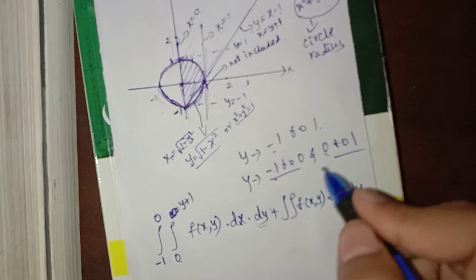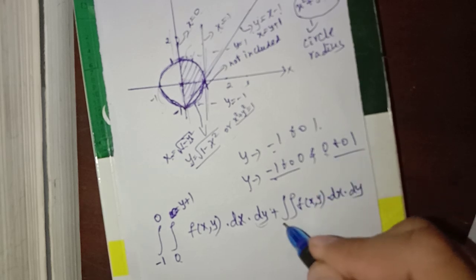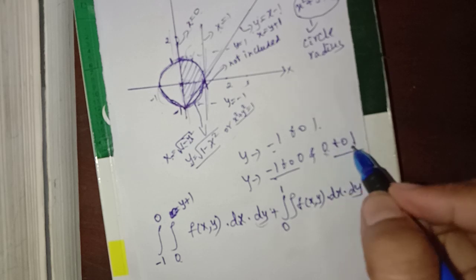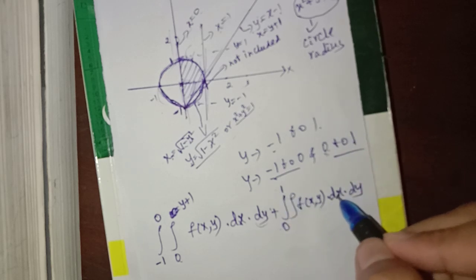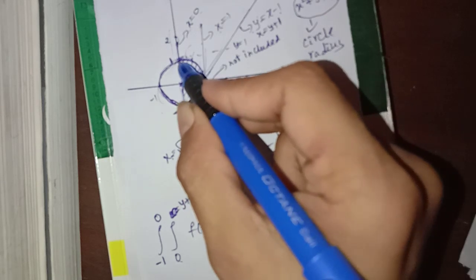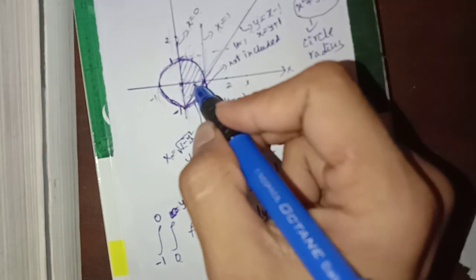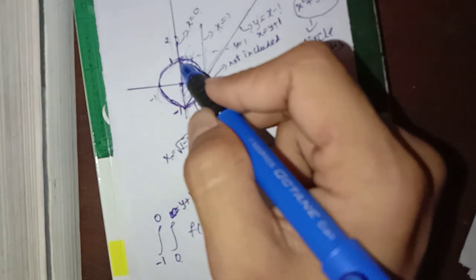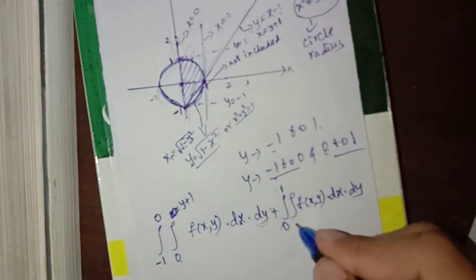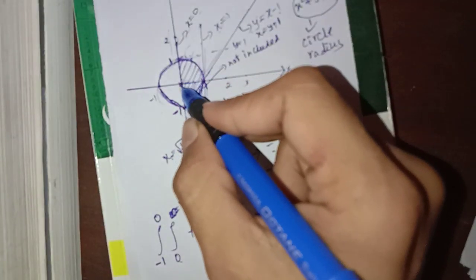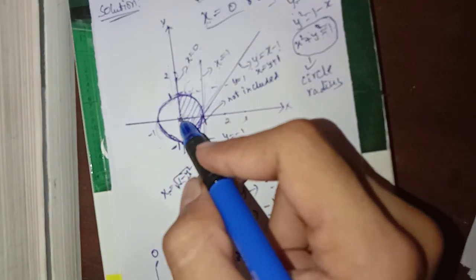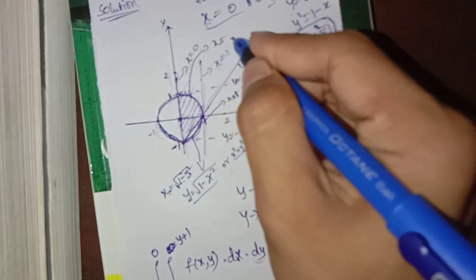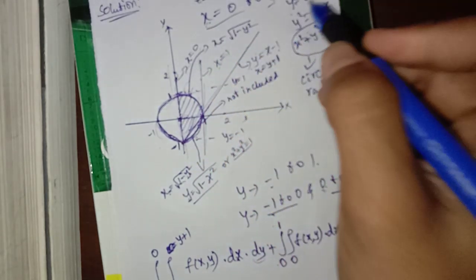Now in the region y is equal to 0 to 1, what is x? X is from x is equal to 0, this is the x is equal to 0 line, the y axis, to x is equal to root of 1 minus y square.